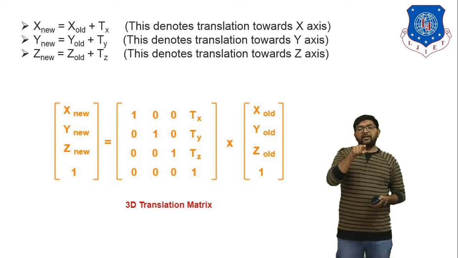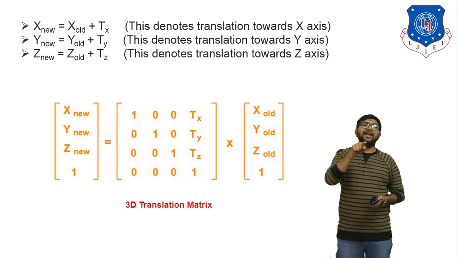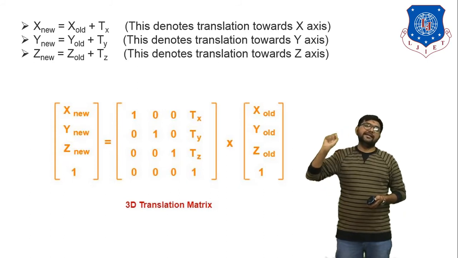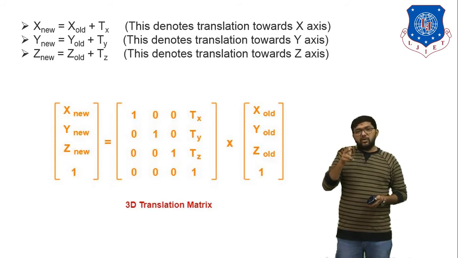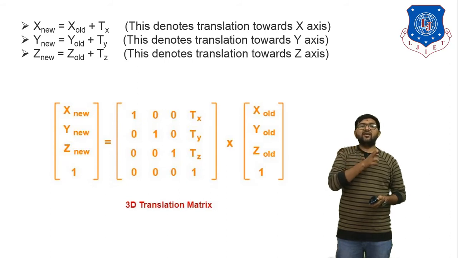Suppose you multiply the first row with the first column, at that time you will get the answer of x new, like 1 into x old plus 0 into y old plus 0 into z old plus tx into 1, and the answer is x old plus tx. Okay. If you multiply the second row with the first column, you will get the answer of y new.